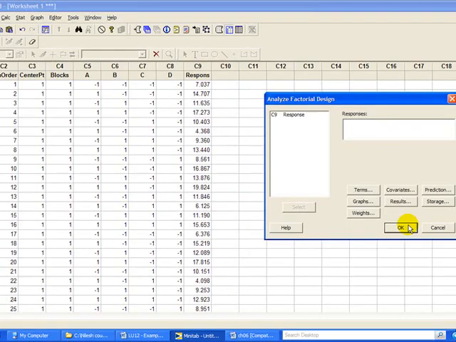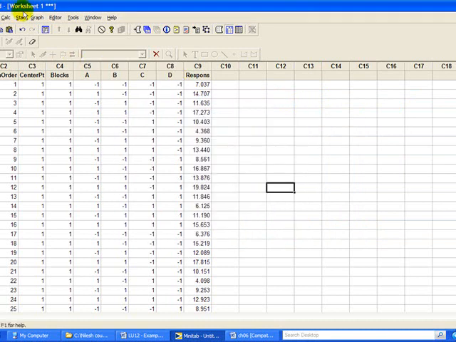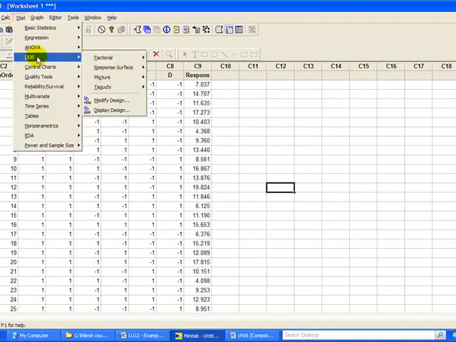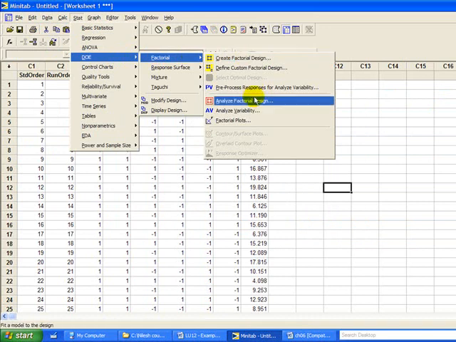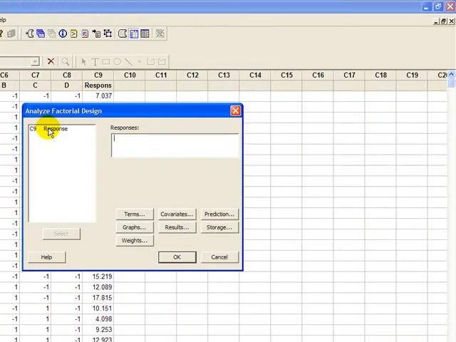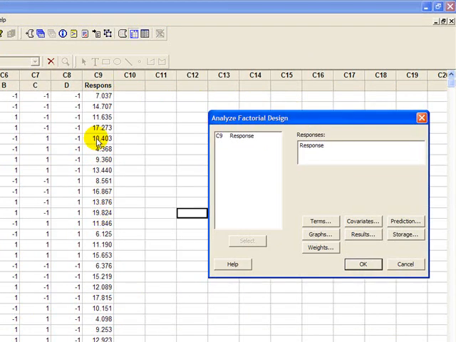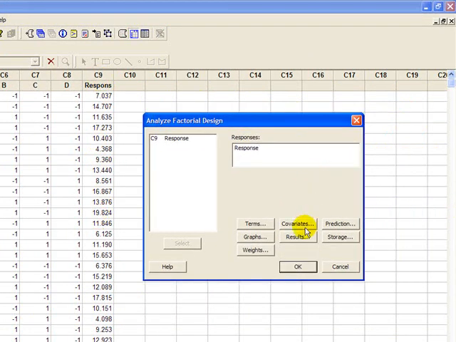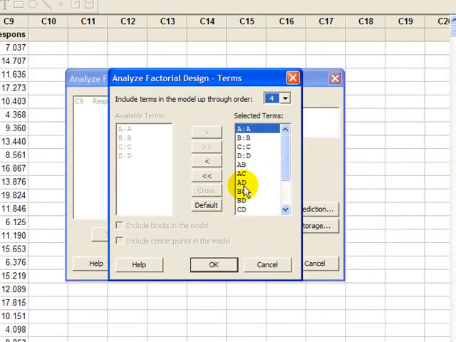process, right? So coming back to Minitab here, again we'll go to Stat, DOE, Factorial, and then we need to analyze this design. So right here in response I'm going to select column C9, which is our response here. Next we'll look at the terms of this particular model. All terms are good.